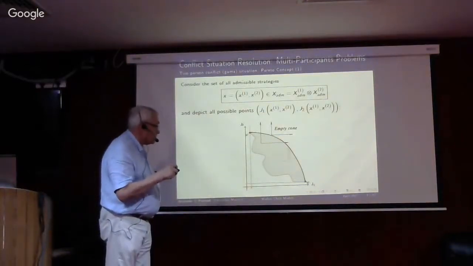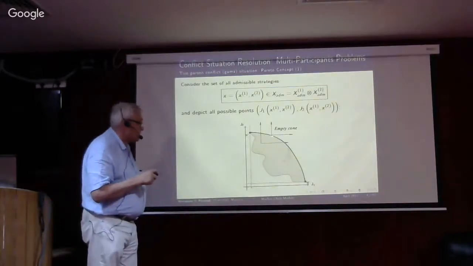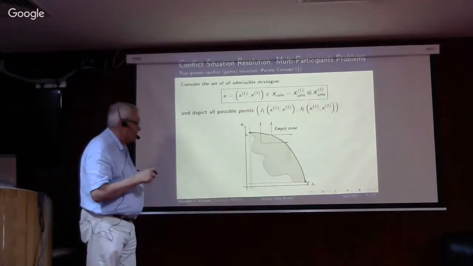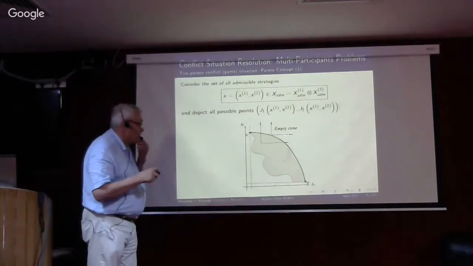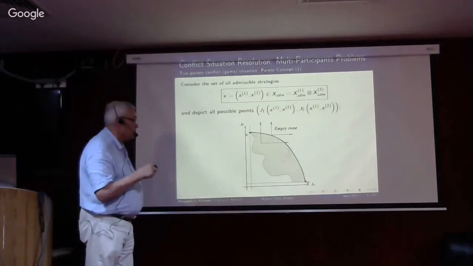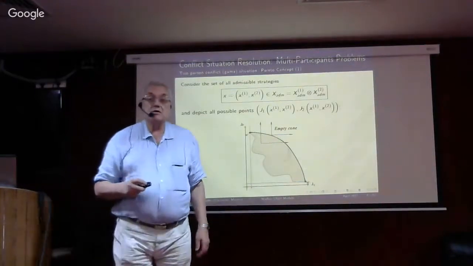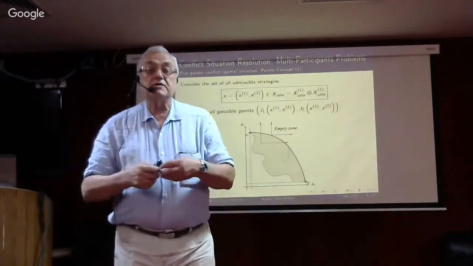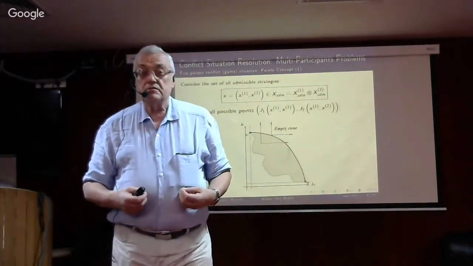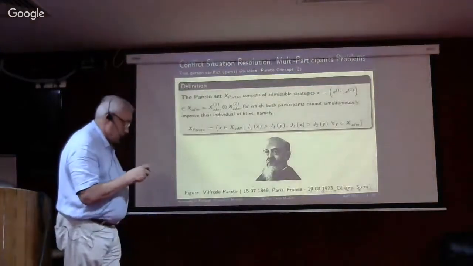If the cone is empty, we cannot do anything. If I try to change strategy, the second can win, but the first can lose. So in the whole set of possible values of incomes or functionals, there exists a set of not improvable strategies, not improvable at the same time for both. This set has a name, the Pareto set. So this is Pareto.